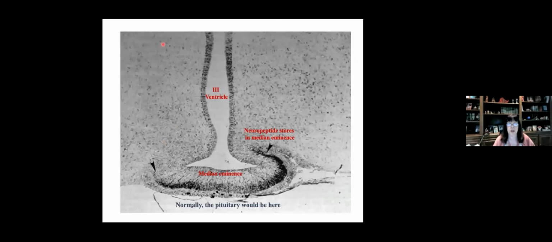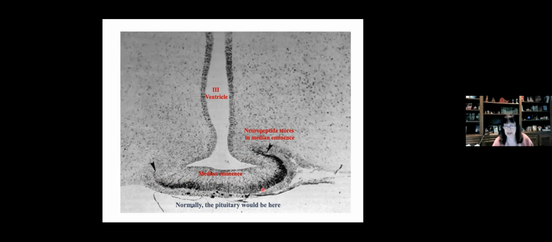So this is just a picture of the hypothalamus. Here's the third ventricle. And then this is the median eminence, and I was telling you about it. So this is actually part of the neurohypophysis. But this happens to show a bunch of immunolabeled stores of neuropeptides. And I'll talk to you about the different types of neuropeptides in a minute.